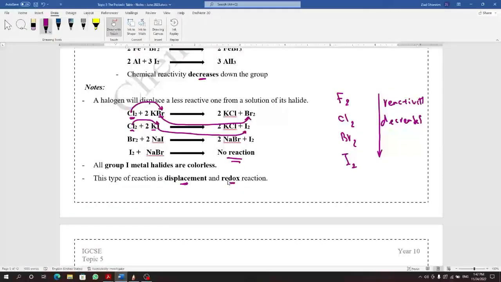For now, I just need you to understand that one of the types of redox reactions is displacement. When you replace one atom with another, that's a displacement, and it's a type of redox reaction, and I will explain it in the redox reactions at the end of this topic.